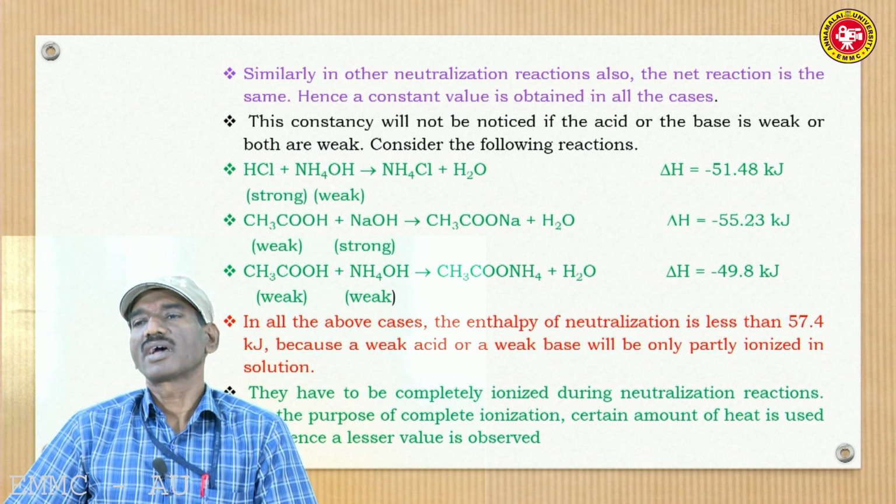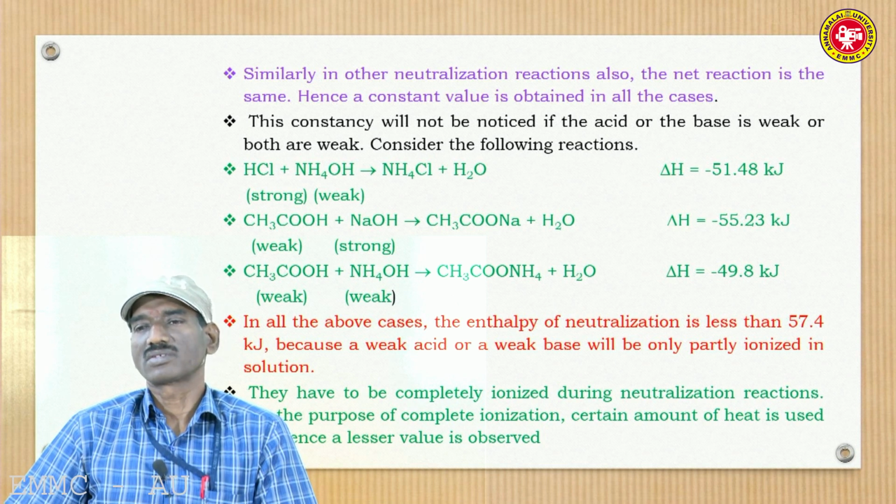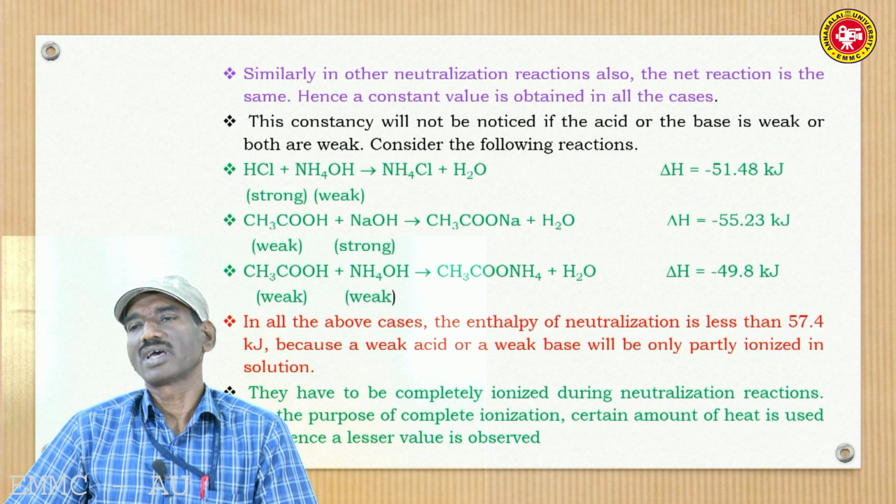Here the obtained delta H value is minus 55.23 kilojoules. Third one, acetic acid is one kind of weak acid. Similarly, we may consider the weak base ammonium hydroxide. Acetic acid reacts with ammonium hydroxide, both are weak systems. In this reaction our product is ammonium acetate with water, and the obtained delta H value is minus 49.8 kilojoule.